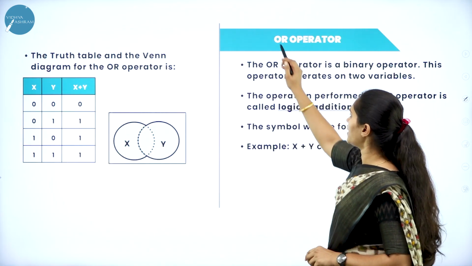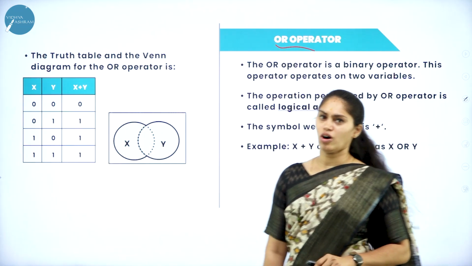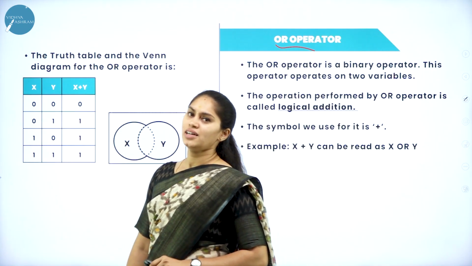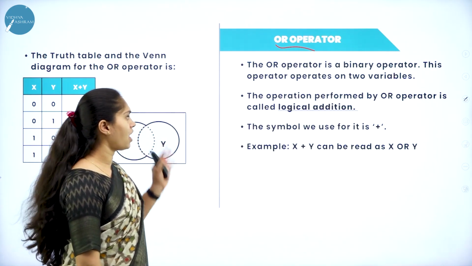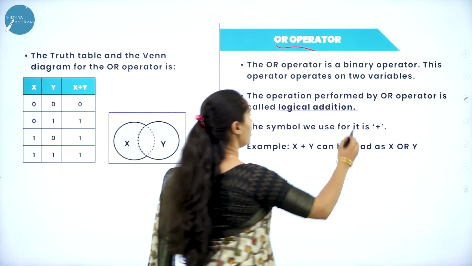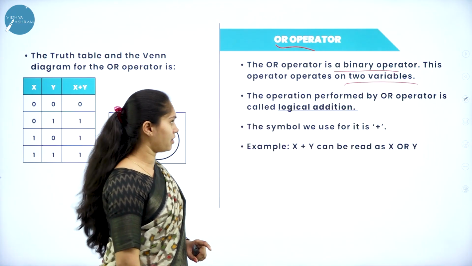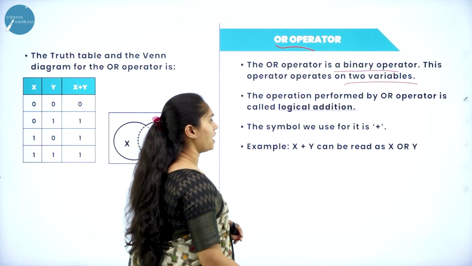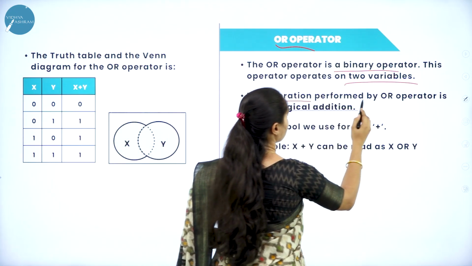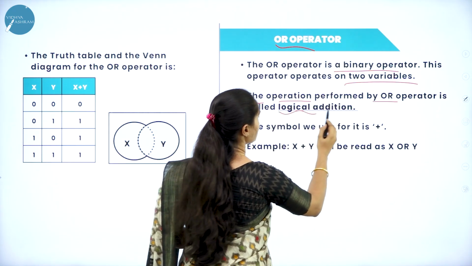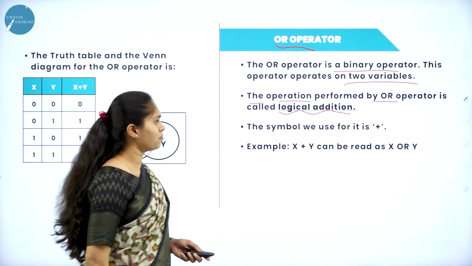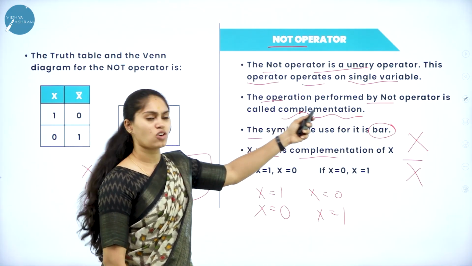Let's see the next operator, which is OR. This OR operator is a binary operator and it operates on two variables. When it is binary, it deals with two variables and performs the operation called logical addition. So when it comes to NOT, that is complementation.